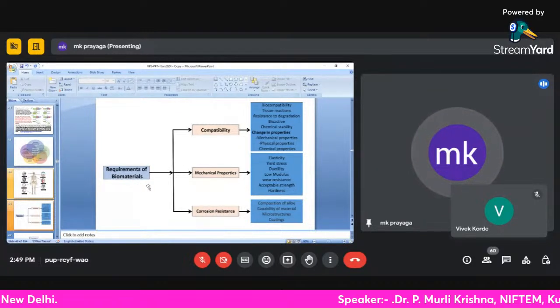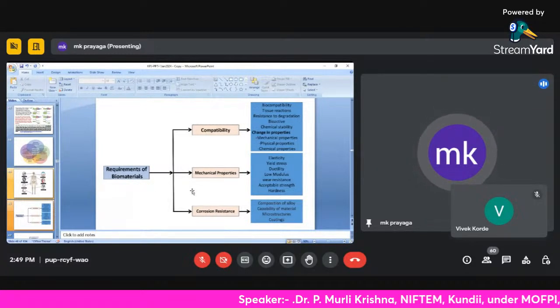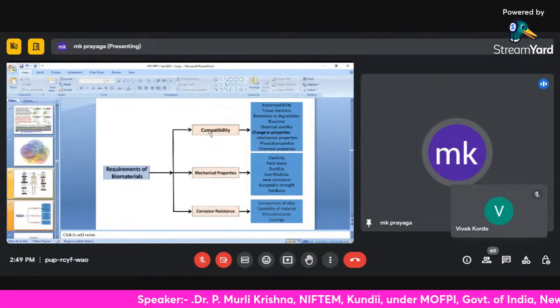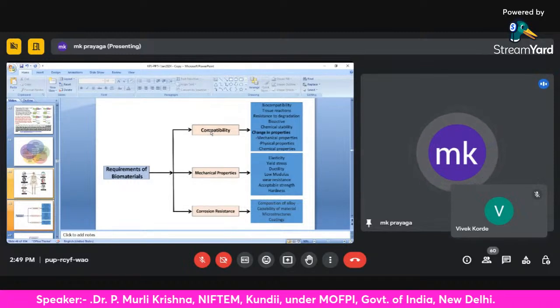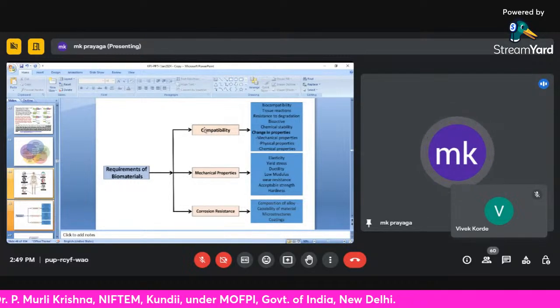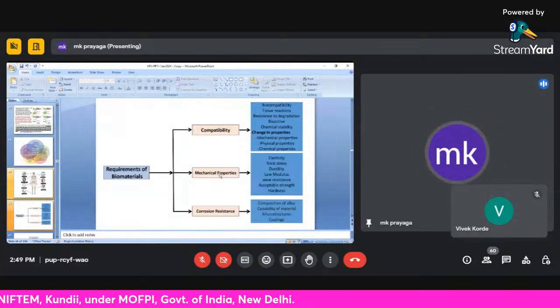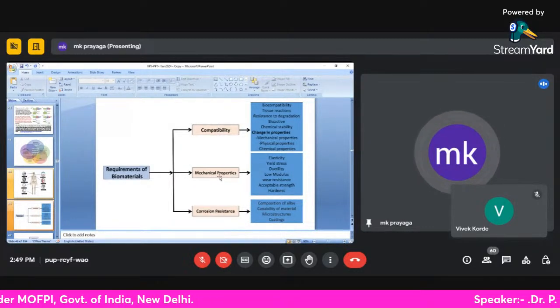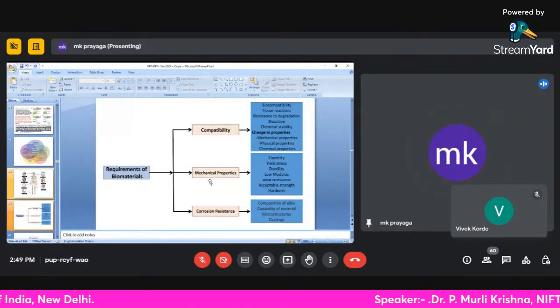So what is the requirement for these biomaterials? First of all, compatibility, because they are coming into contact with body cells, so they should be accepted by the body. That means compatibility. Then whatever the different material properties, they should be tuned to the mechanical properties.